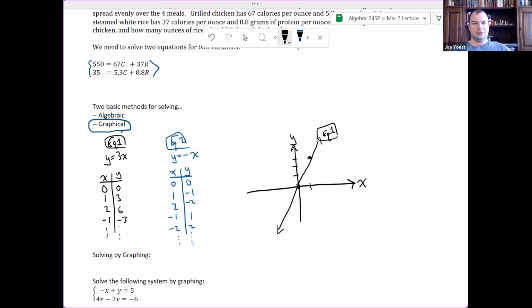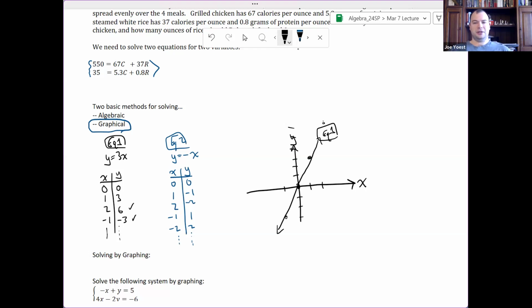This graphical solution is a visual representation of all of the solutions of y equals 3x. So this includes, for instance, 2, 6, maybe somewhere up here. It includes -1, -3 down here, but it includes a whole lot of other points along that line also.